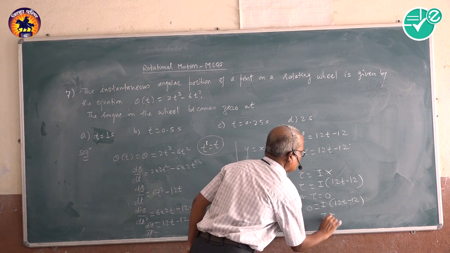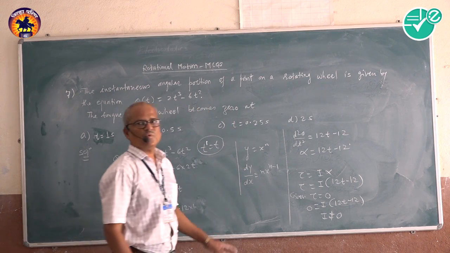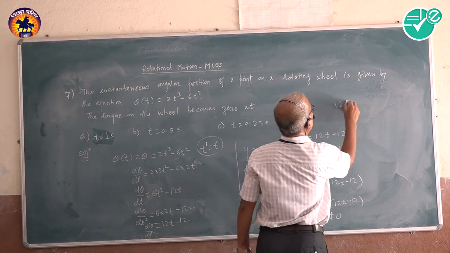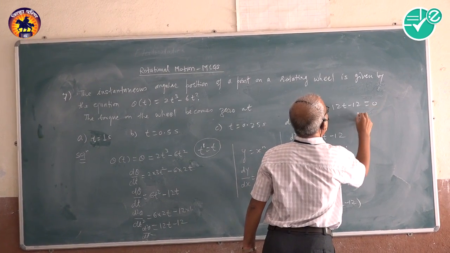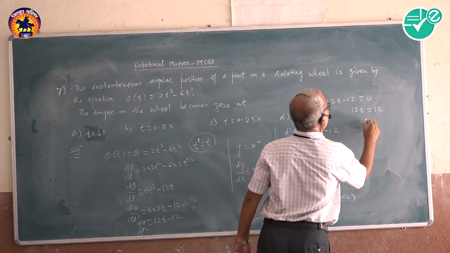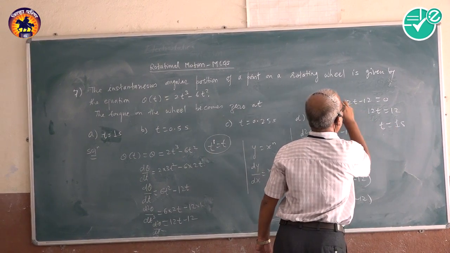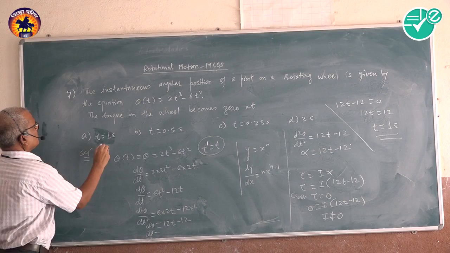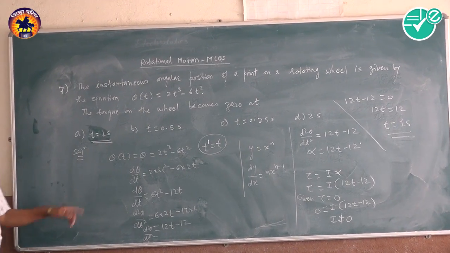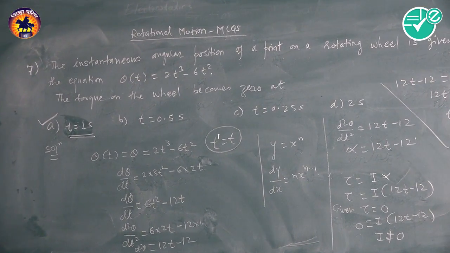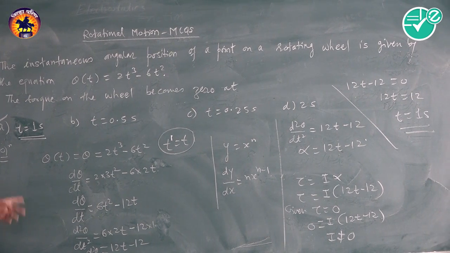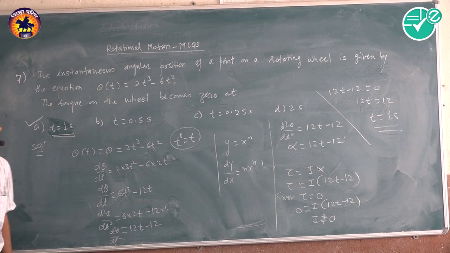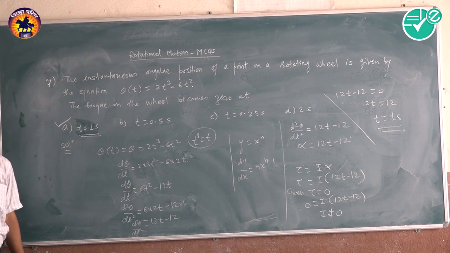I is not equal to 0 because it is the moment of inertia, so this bracket must be 0, that is 12t minus 12 is equal to 0, meaning 12t is equal to 12, so t is equal to 1 second. That is the correct option. So the torque on the wheel becomes 0 at t is equal to 1 second.